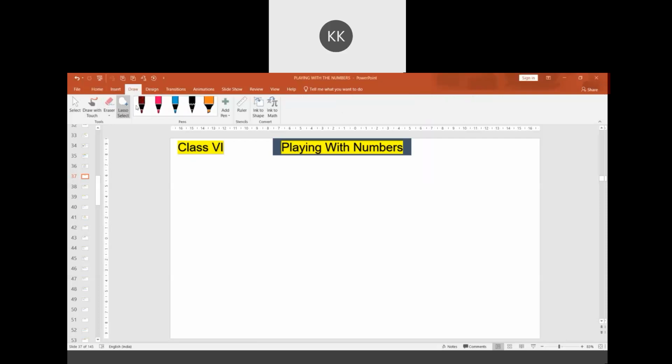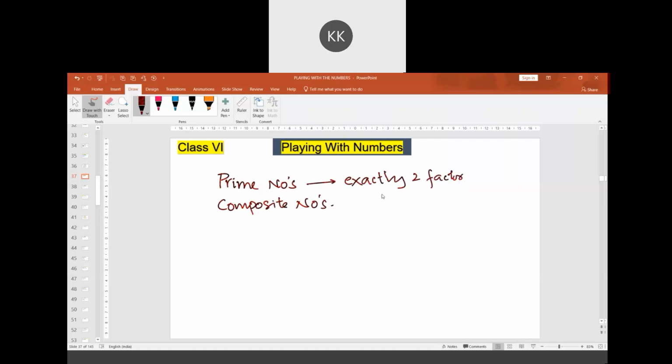In the previous session, we had a discussion on the concept of prime numbers and composite numbers. We have learned that there will be exactly two factors for a prime number, and for a composite number there will be more than two factors.